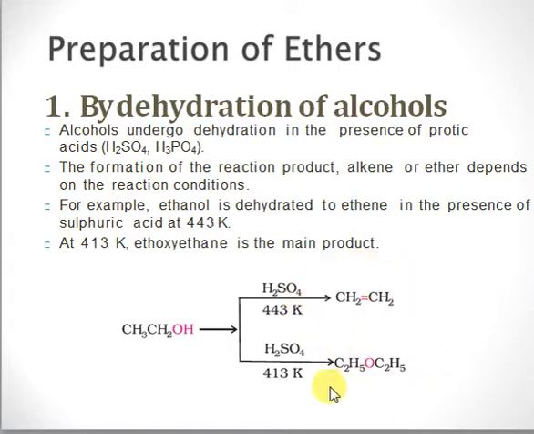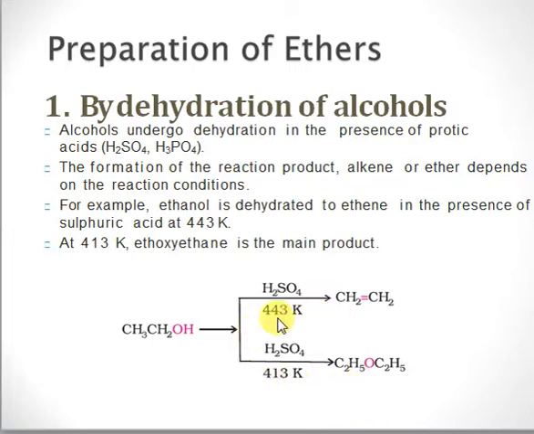And what we are interested in is intermolecular dehydration, meaning loss of OH from one molecule and loss of H from the other molecule. For that purpose, we have to maintain lower temperature conditions if we want intermolecular dehydration. If you want to remove a water molecule from two different molecules of alcohol, then you have to maintain a lower temperature.